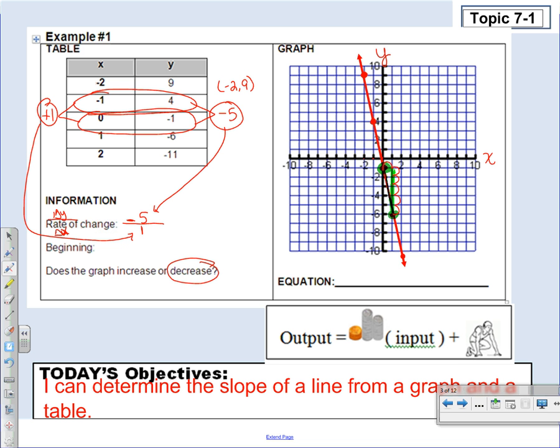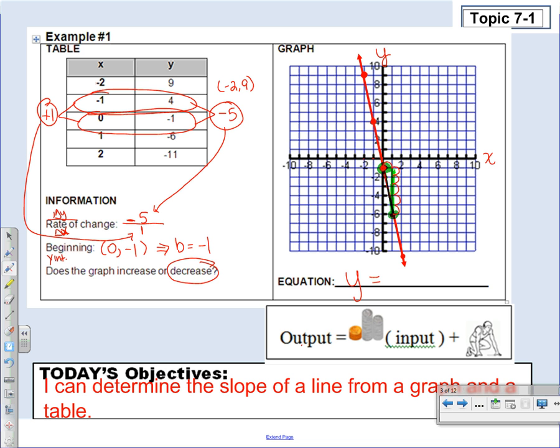Our beginning is where it crosses the y-axis. Remember that your beginning is your y-intercept. My y-intercept, my x-coordinate is always 0, and where it touches the y-axis is at negative 1. So our beginning is at 0, negative 1. That tells me my b equals negative 1. So my equation, my output is the y.